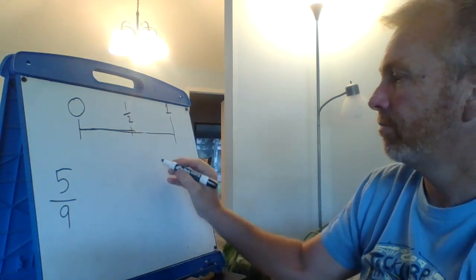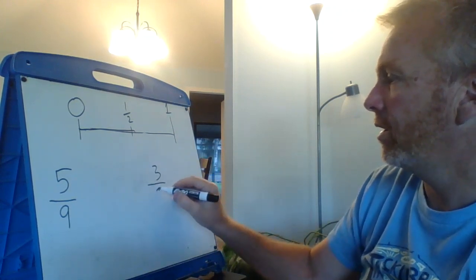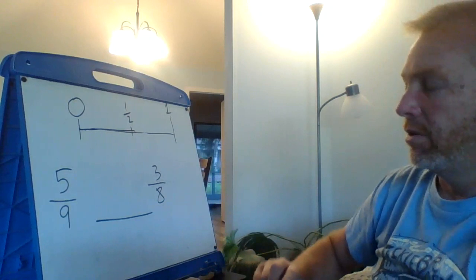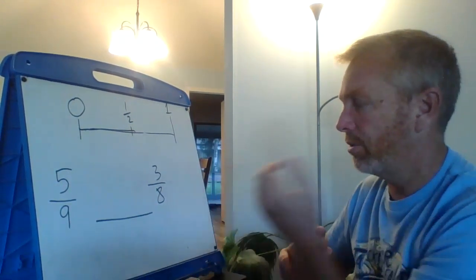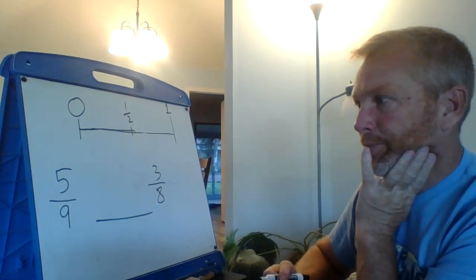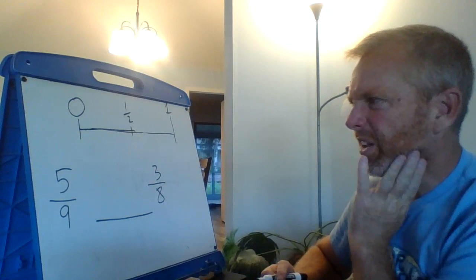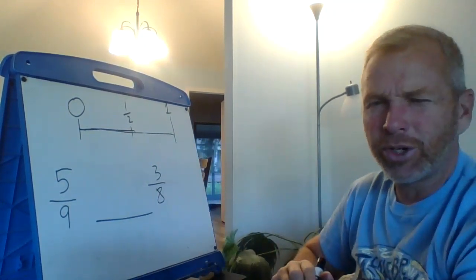5/9 and 3/8. Is 5/9 greater than, less than, or equal to 3/8? So I'm looking, neither one of these are close to 0. Neither one of these are right on 1, and I'll show you that in just a second.